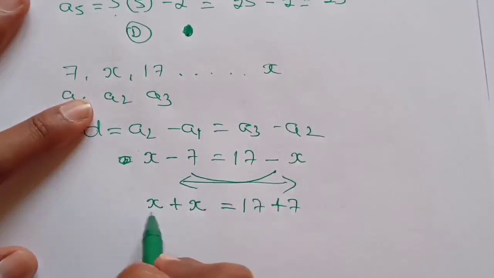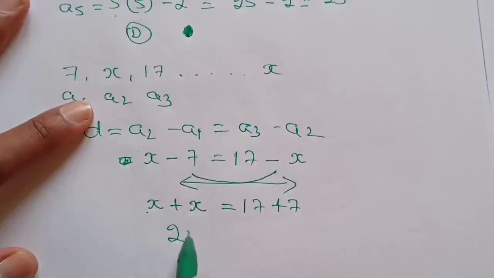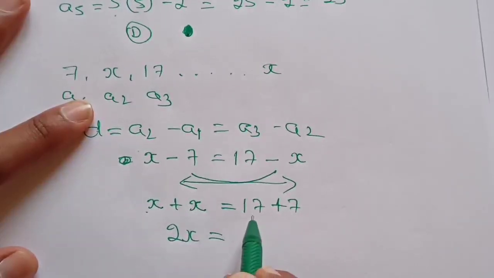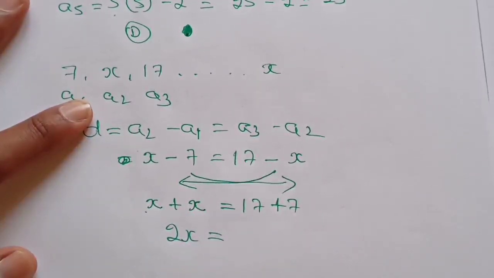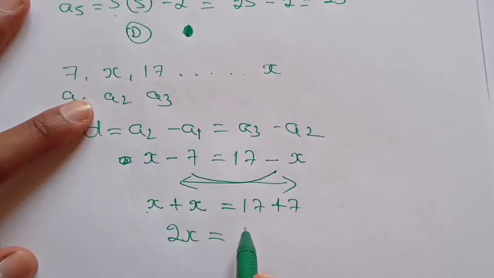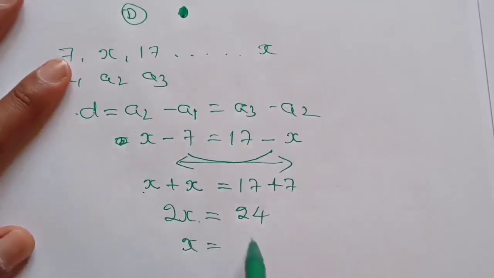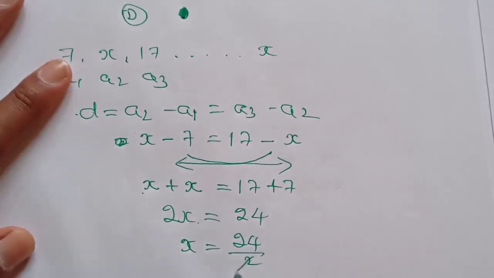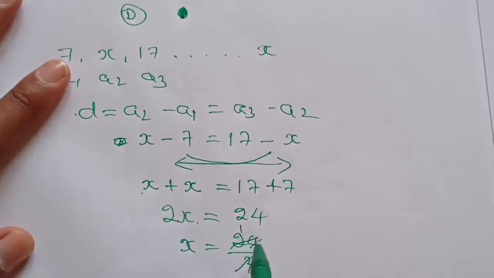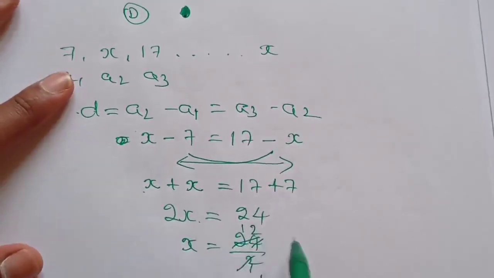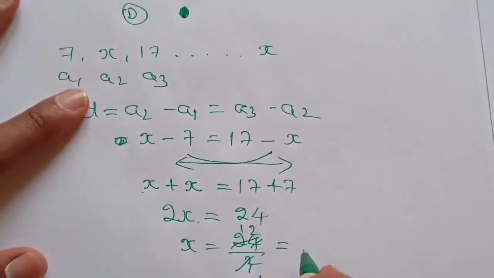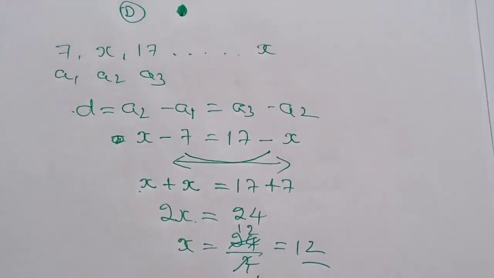So x plus x is 2x equals 17 plus 7, which is 24. You need the value of x, right? So x equals 24 by 2. 2 ones are 2, 2 twos are 4. So what is the answer? 12, correct?